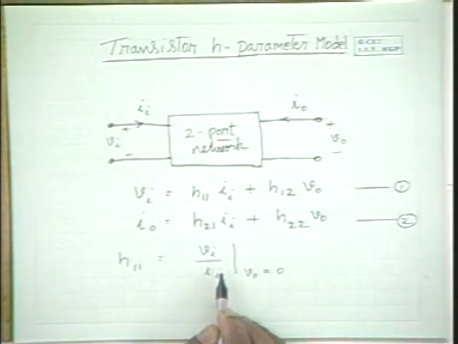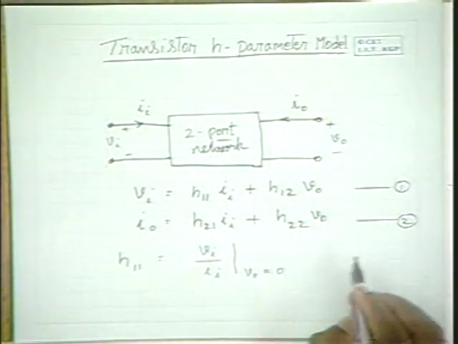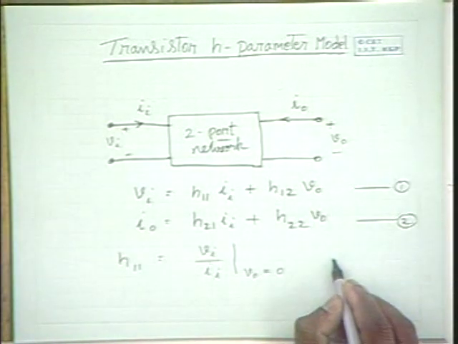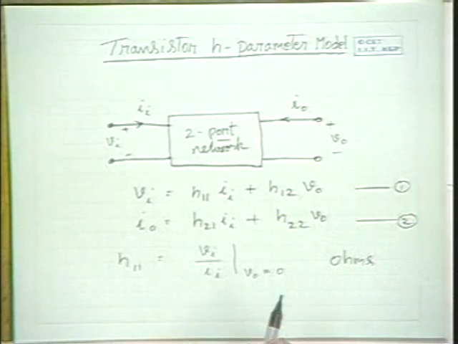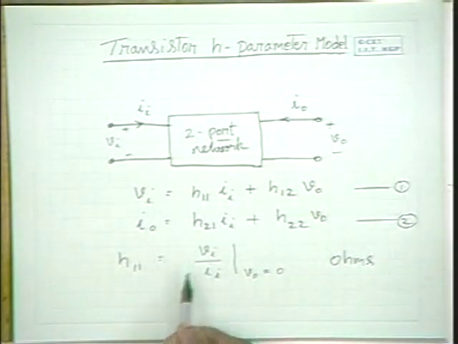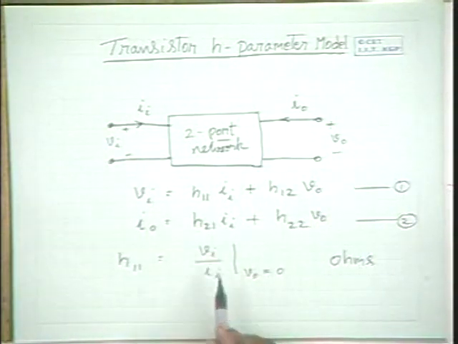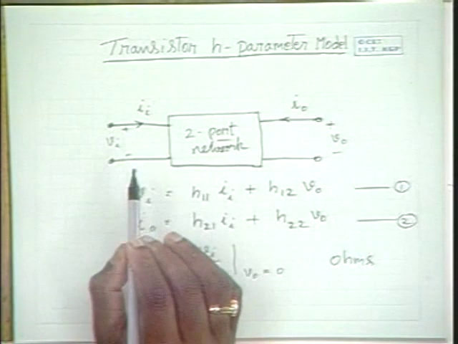So what are the units of H11? Naturally the units are ohms, because it is a ratio between input voltage and input current. And naturally it is input impedance, Vi by Ii is equal to an input impedance.